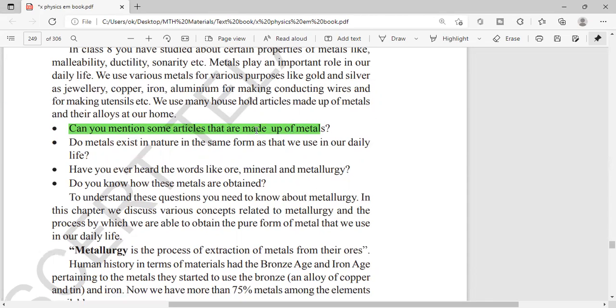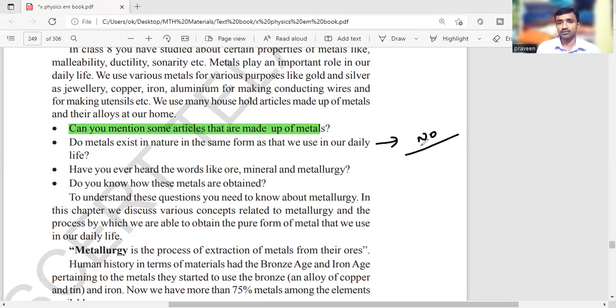Then here, do metals exist in nature in the same form as we use in our daily life? No, they do not exist as you are using them here. We can say no, because the metals are obtained from the soil, right?